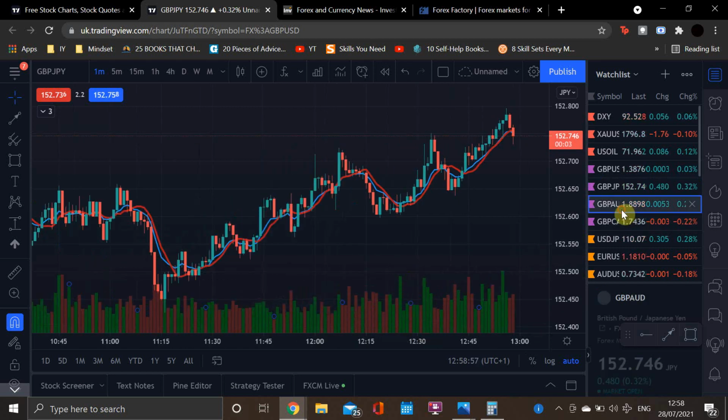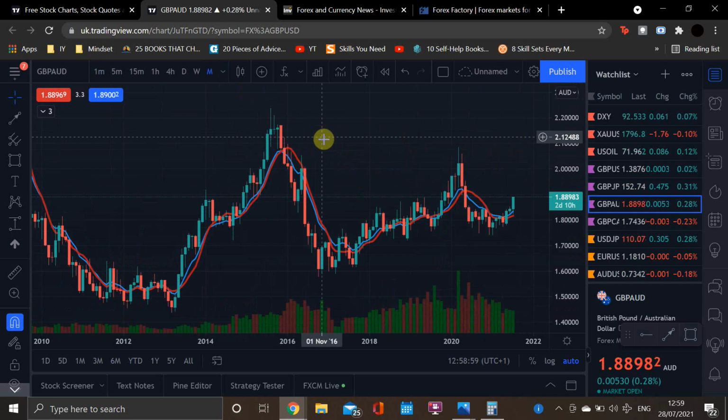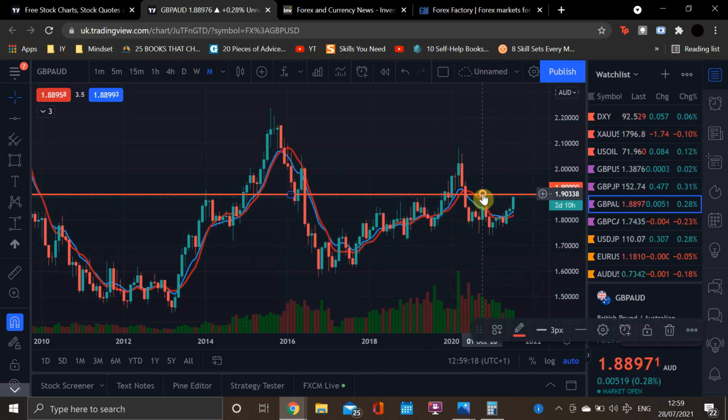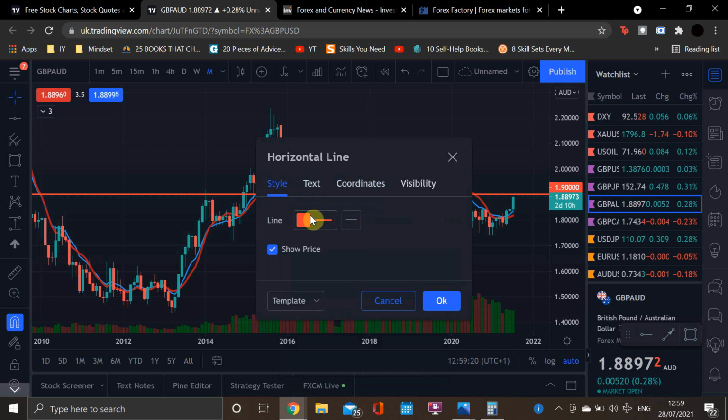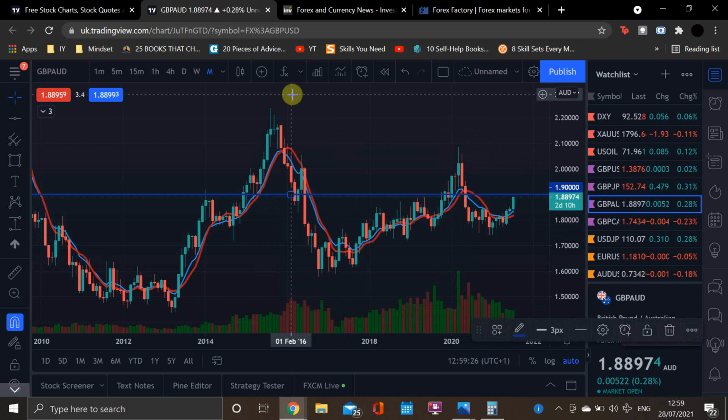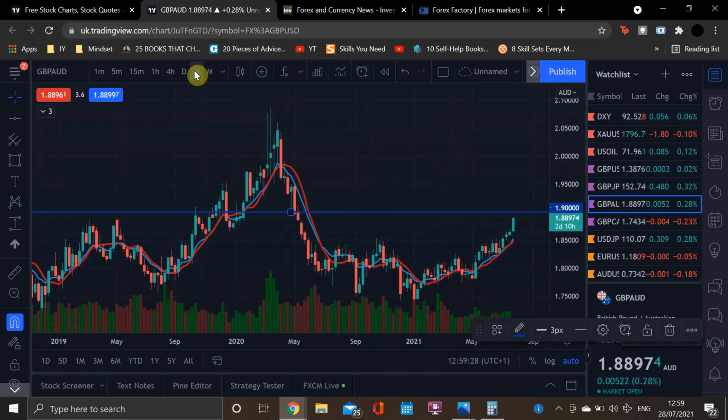So the GBP AUD. Put 1-9. Damn, it broke out of this area.